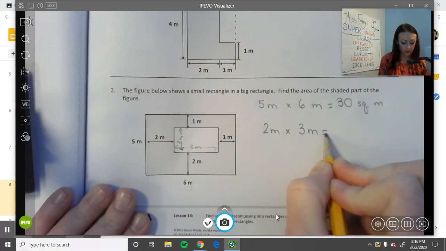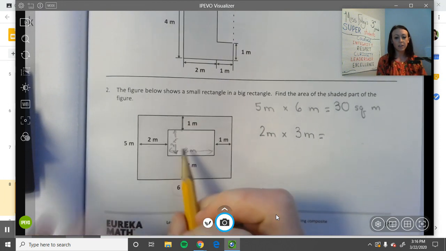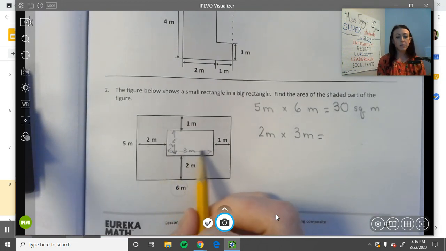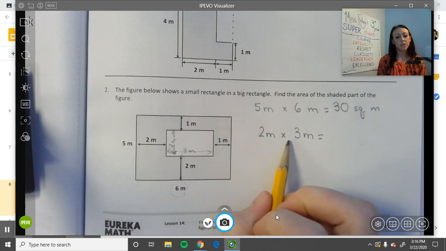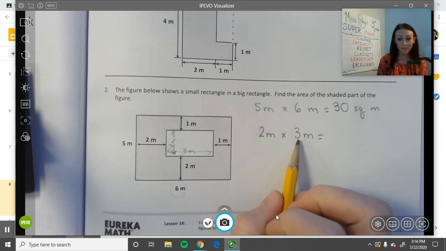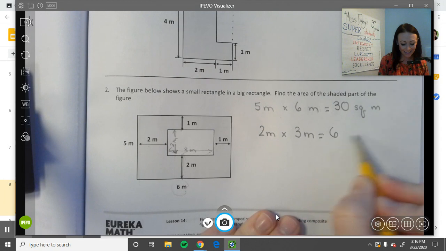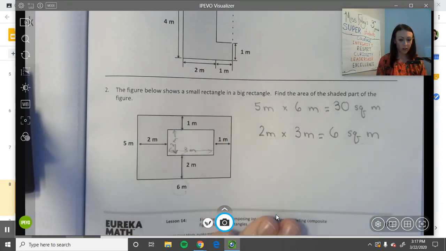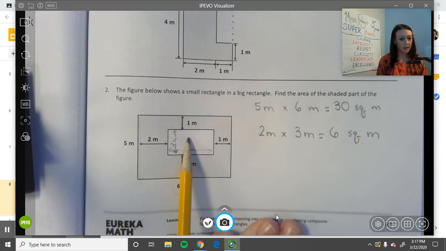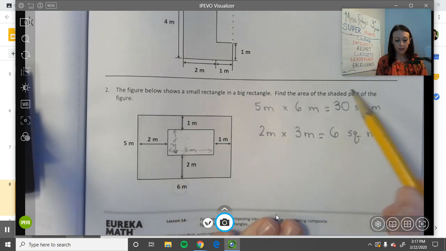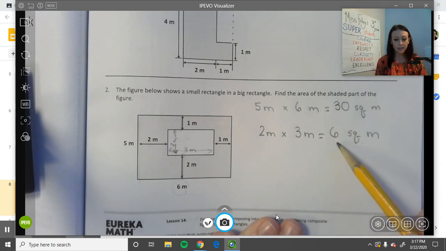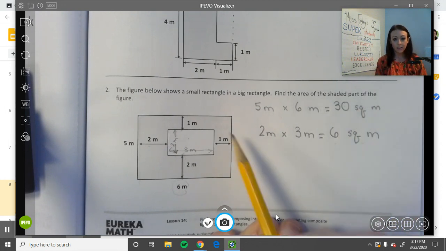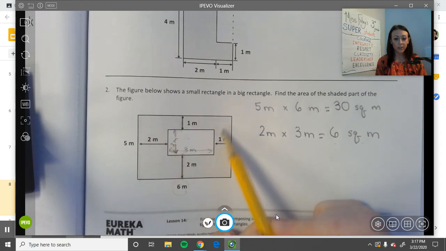So my dimensions that I'm multiplying for this smaller rectangle are 2 meters times 3 meters, 2 times 3 is 6 square meters. So I found the total area of that large rectangle. I found the area of this blank, unshaded region. I'm now going to subtract that smaller rectangle from the big one, and that'll leave me with what the shaded region is.